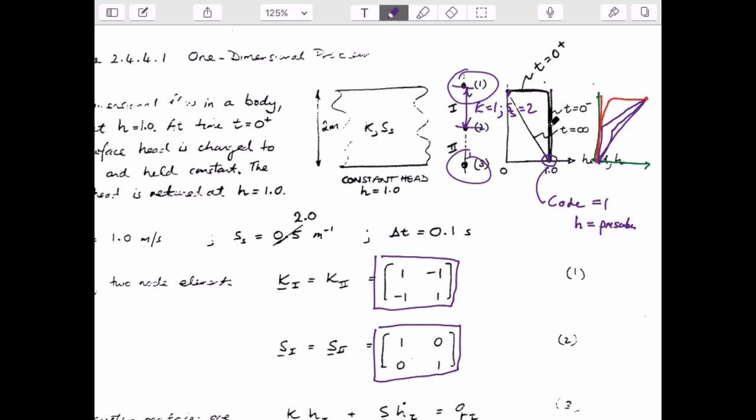And if it was a flux boundary condition, which it is for this intermediate point where no head is prescribed, then the code is the opposite. And we use that code to multiply by the magnitude of the boundary condition. So the magnitude of this boundary condition is a head of 1. The magnitude of this boundary condition is a head of 0.